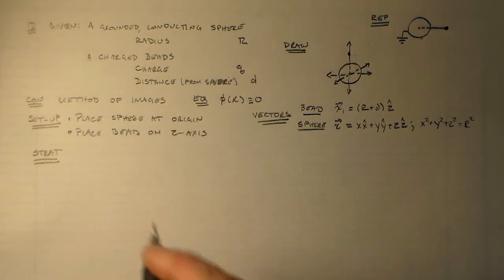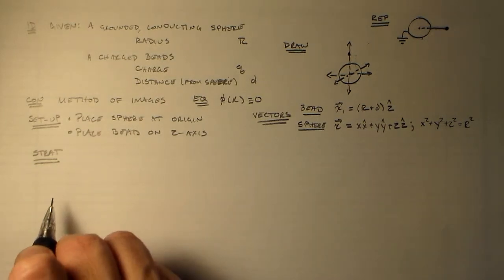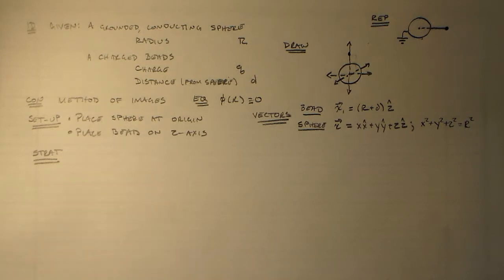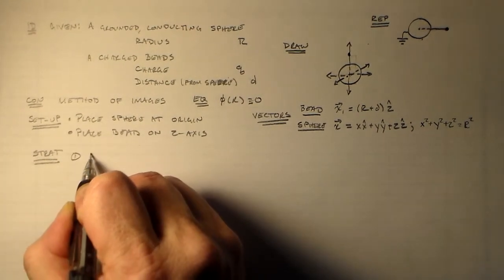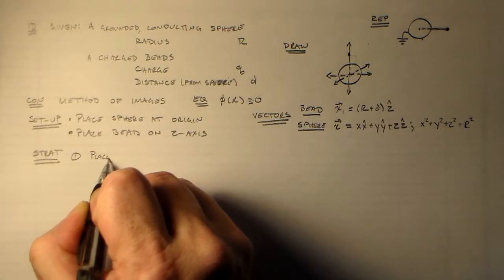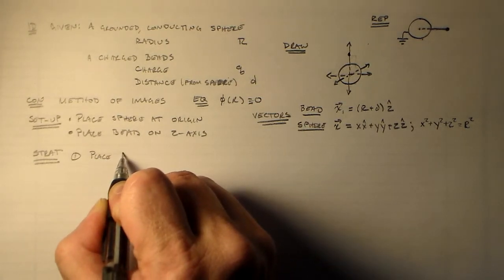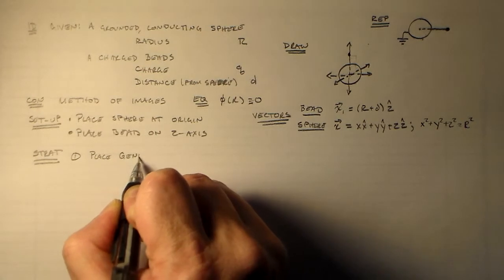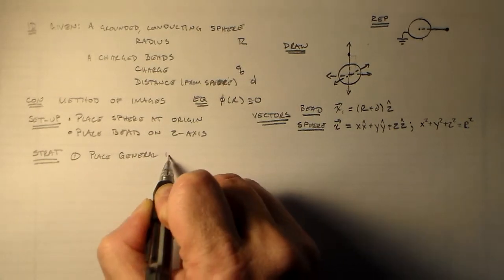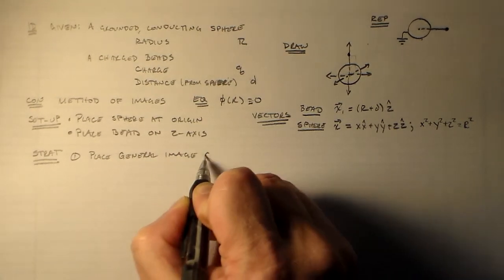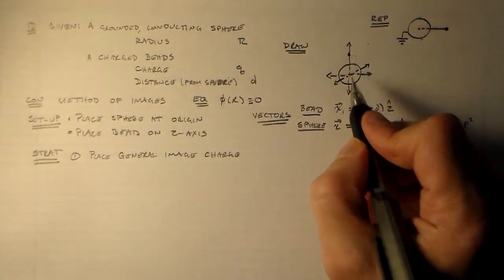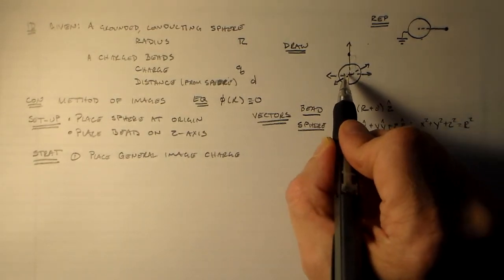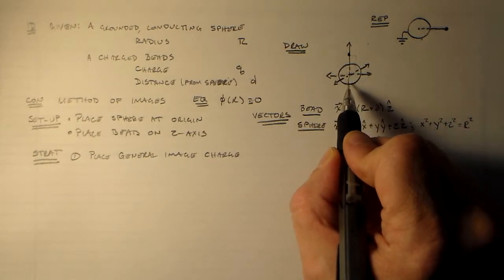Okay, all right, so my strategy. I'm going to use the method of images, so I'm going to have to place a general image charge. I'm just going to put an image charge somewhere inside of this sphere, right? The image charge has to be somewhere inside of this sphere.